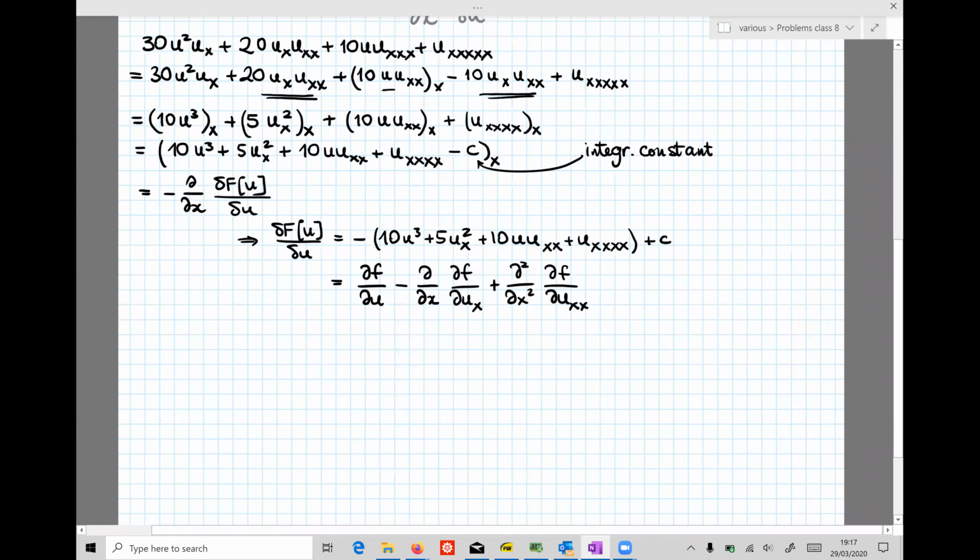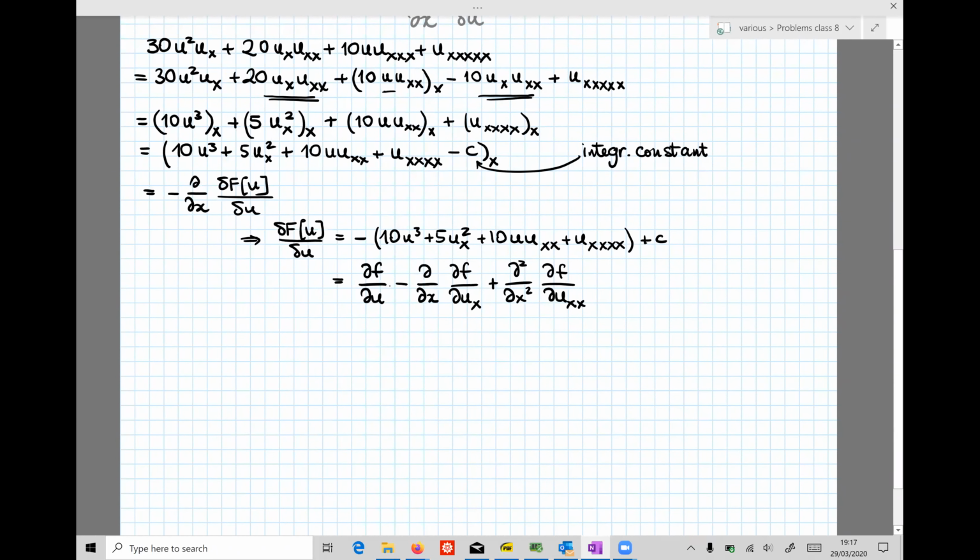So now essentially we need to determine the function small f of u, ux, uxx. And so what we need to do is to express the quantity here as the sum of a second derivative with respect to x, plus a first derivative with respect to x, plus another function.